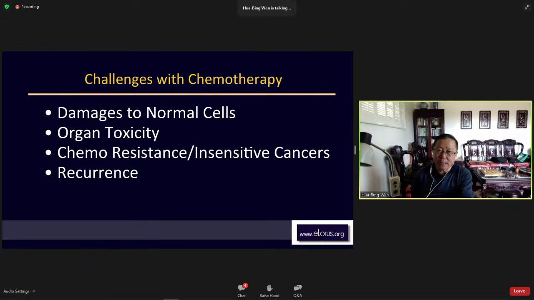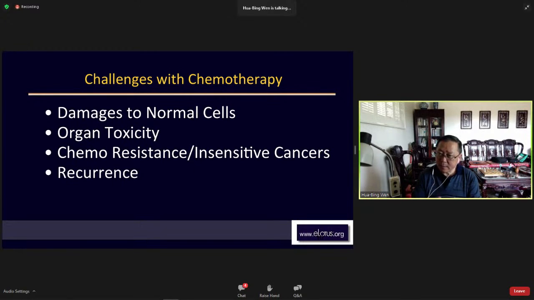Organ toxicity: the liver, the kidney, and the bone marrow we mentioned earlier. You may also have chemo resistance, or an insensitive cancer, which is also a common thing. You hear the patient say, the first round, everybody's happy because they checked and the tumor is 50% shrunk.